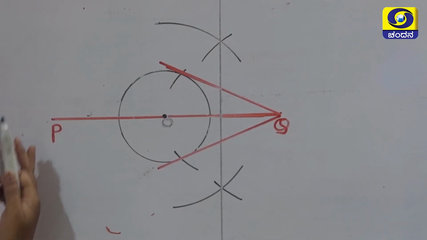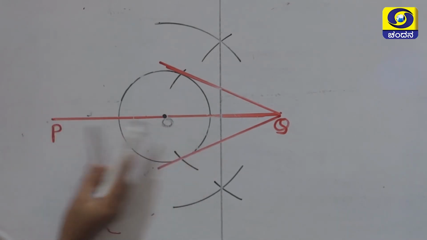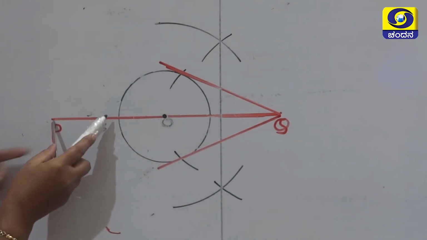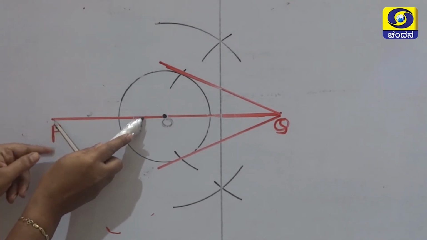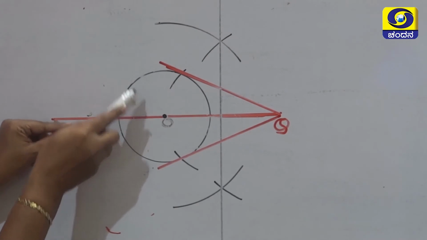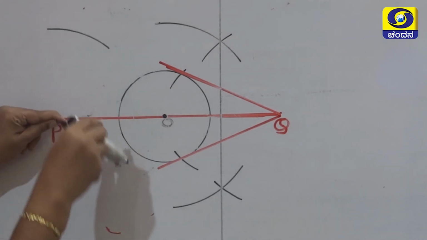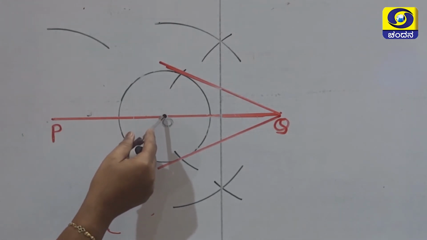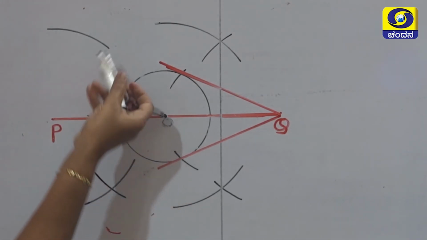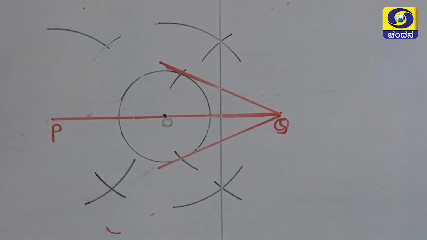Repeat the same procedure on this side now. To find the midpoint of PO, we have to take the distance 3/4 of the line segment PO. Make arcs on the upper side and lower side of the line segment. Similarly, keeping the needle at the other side also, make the arcs.